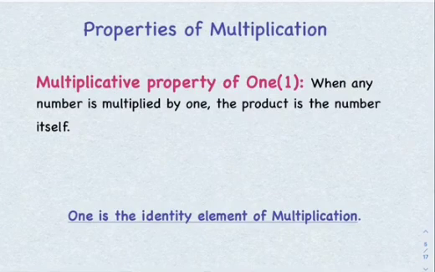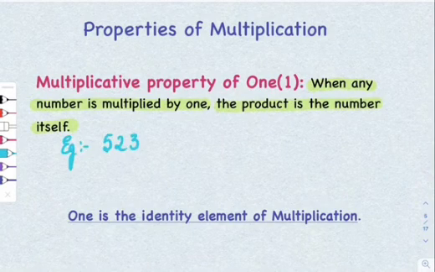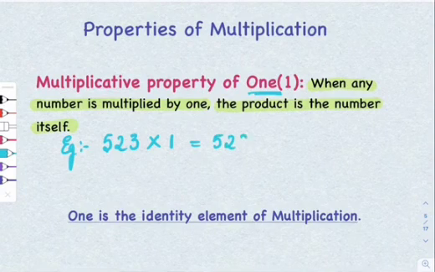Now let's move on to properties of multiplication. Multiplicative property of 1. What do you mean by this? When any number is multiplied by 1, the product is the number itself. For example, 523 into 1. What is the answer? 523 itself.